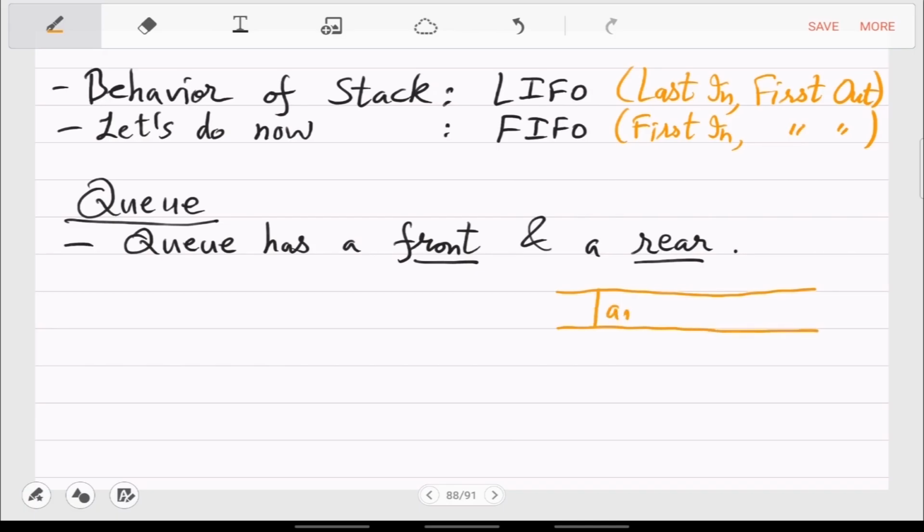This is the front at A1. So when you want to access something from the queue, then the first thing you will see is A1. I put an outside arrow, and when you insert something in the queue, then what you will see is this part at AN, so that's the rear.